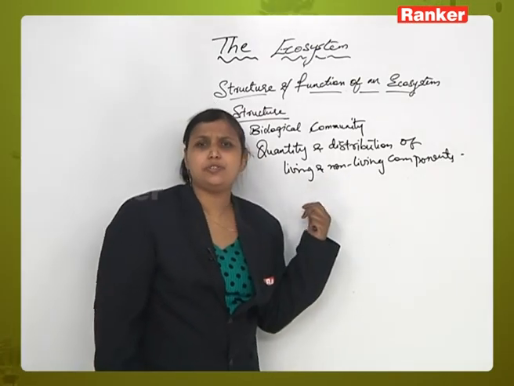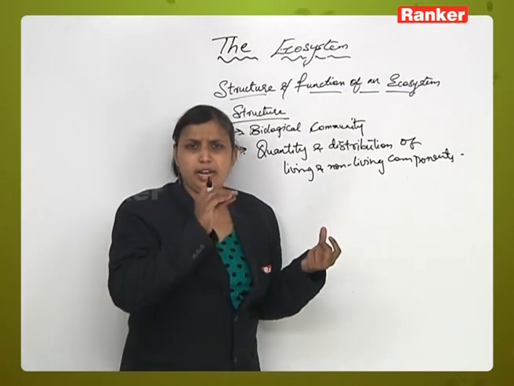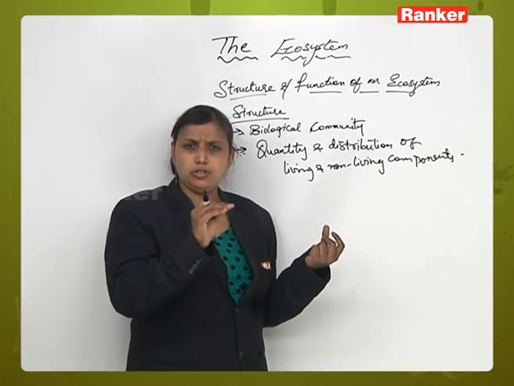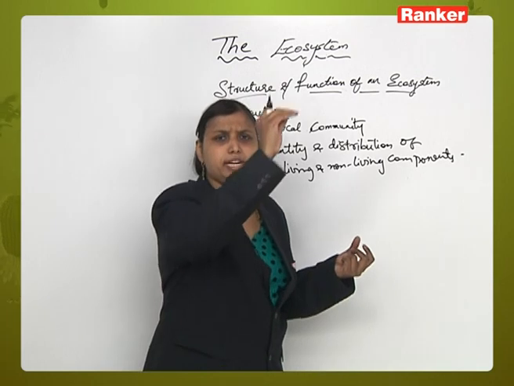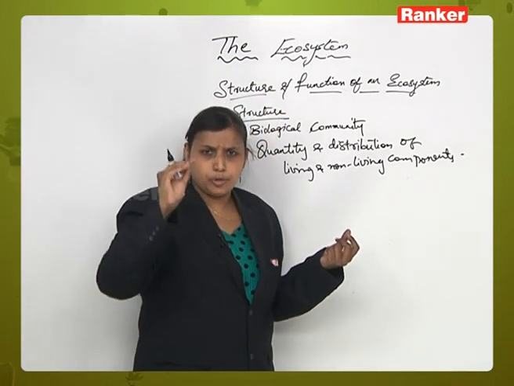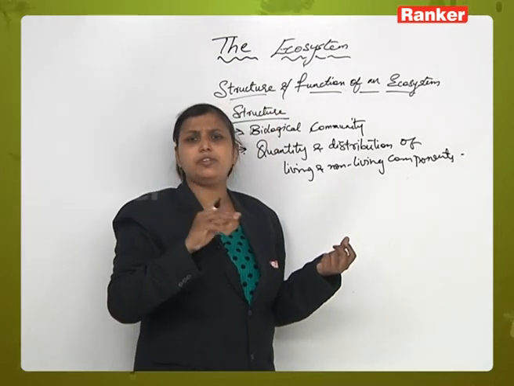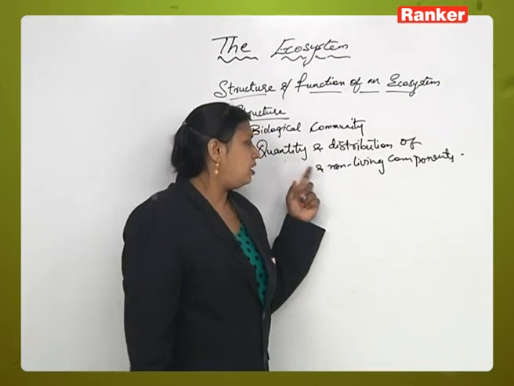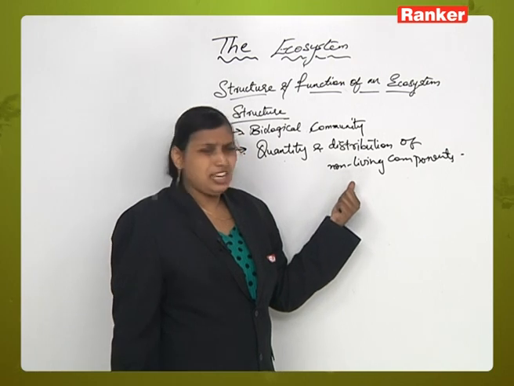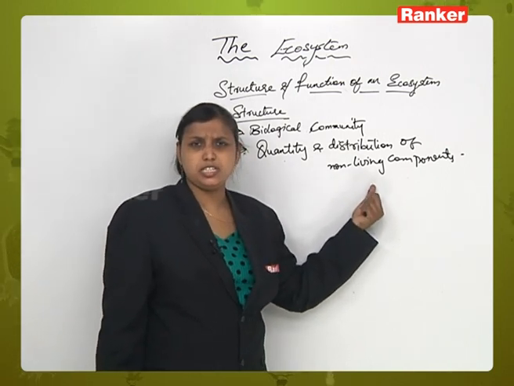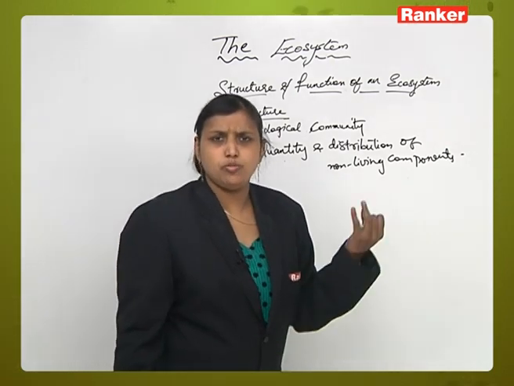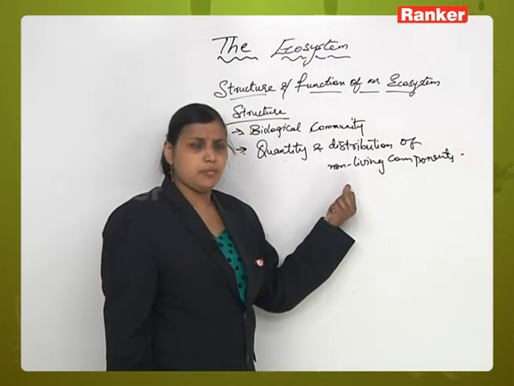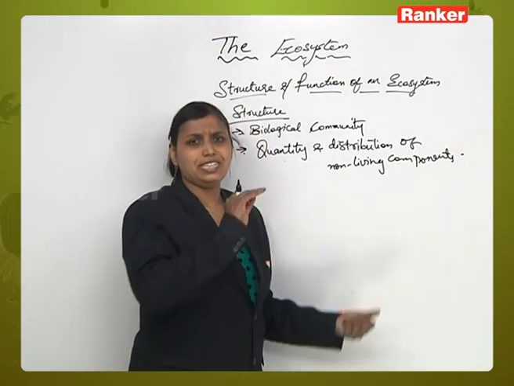Quantity and distribution of living and non-living components: at each trophic level a certain amount of quantity is being distributed according to the amount of producers, consumers, their consumption of energy, the release of energy, all that. And distribution of all the non-living components occurs here. What are the non-living components in an ecosystem? It may be nutrients, water, all those energy components, which are called non-living components at each trophic level in an ecosystem.